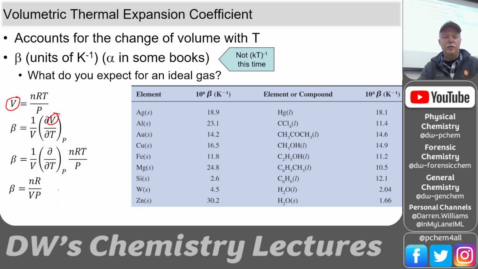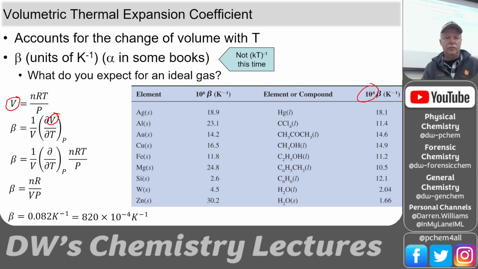Now let's put in the numbers for, say, 1 mole of gas. For 1 mole of gas at 1 atmosphere and room temperature, we get this coefficient of 0.082 per Kelvin. So how can we understand that? That's also on the scale of these other liquids up here: 10 to the 4th, it's 820.